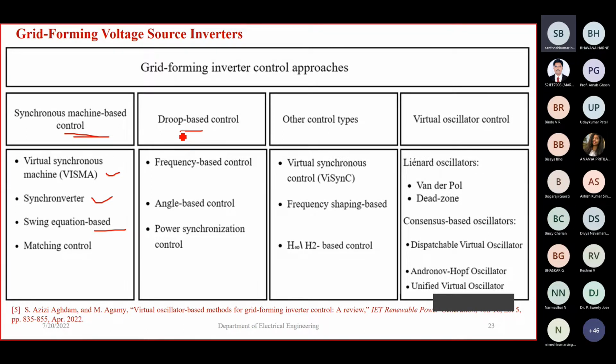We are controlling the inverter such that it will act like a synchronous machine. It will not act fully as a synchronous machine, but some characteristics it will, for example 30%. Based on the controller, we can decide how much percentage it resembles the synchronous machine. VOC has recently come up, and many people are working on virtual oscillator control also.